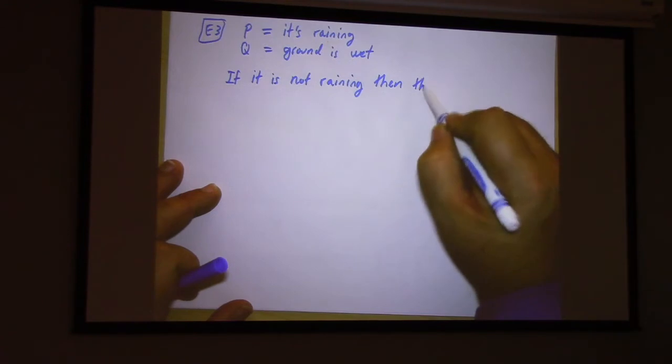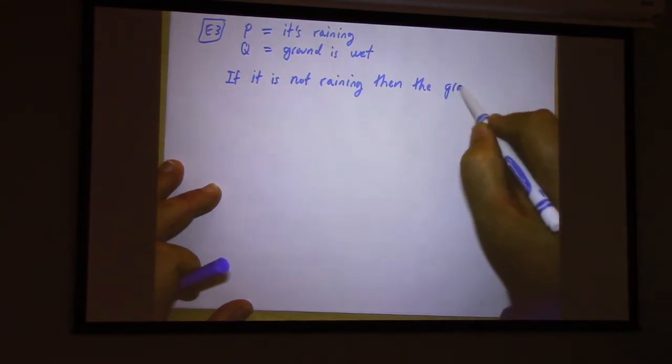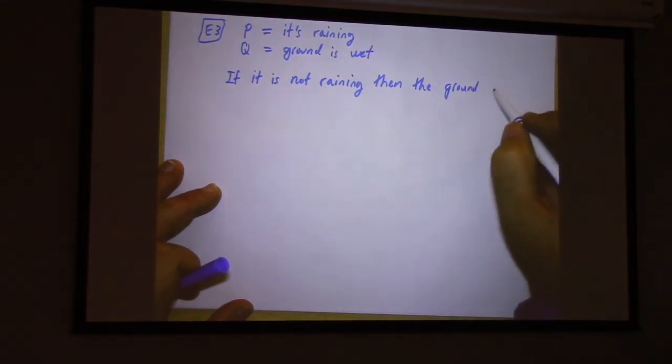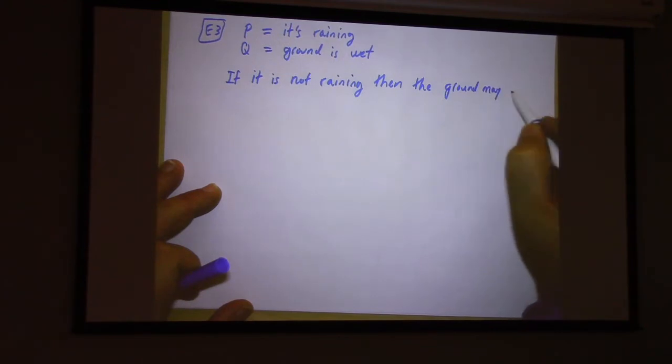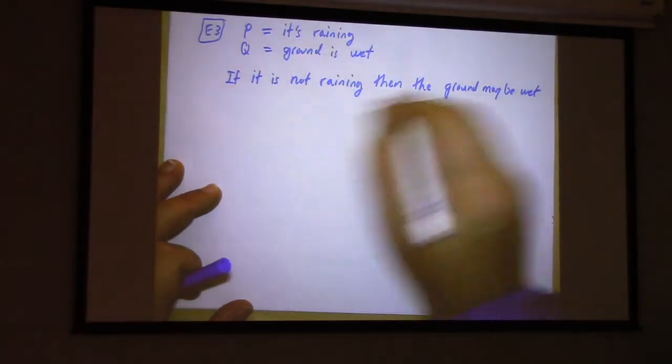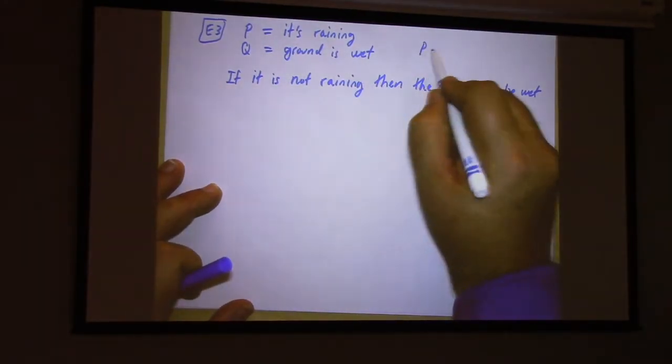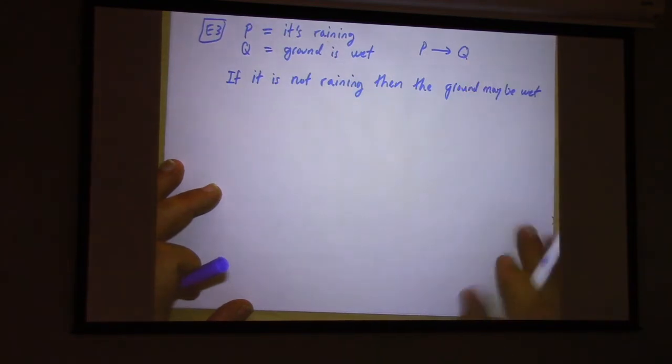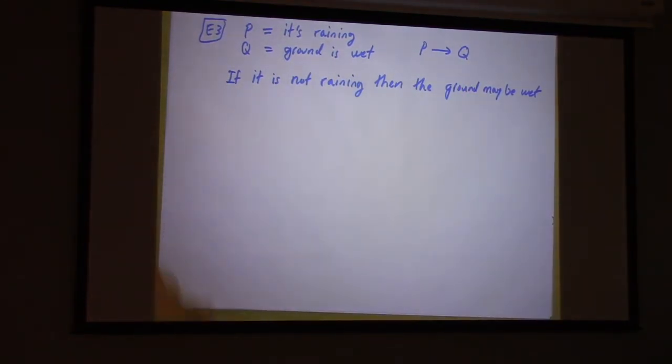The ground may be wet, right? I'm kind of outside of the symbolic thing here, but my point is the sentence P implies Q: if it is raining, then the ground is wet. But just because the ground is wet doesn't necessarily mean it was raining.